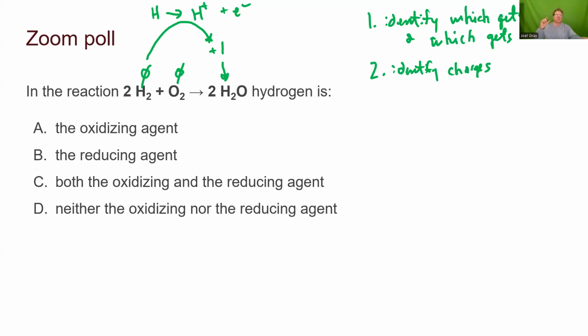But that's one of the places where you got to flip your definitions or hold that to the side. What we're talking about is charges. So hydrogen here gets oxidized because our definition for oxidation is it loses electrons. Oxidation is lost. Or hydrogen undergoes oxidation.